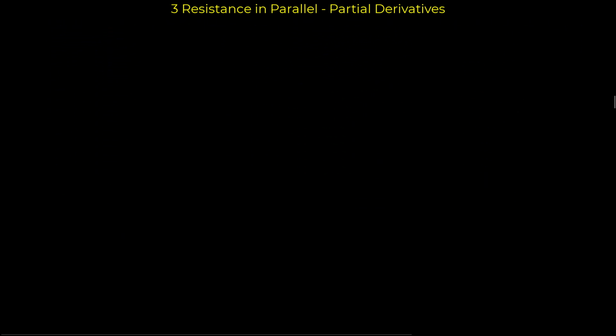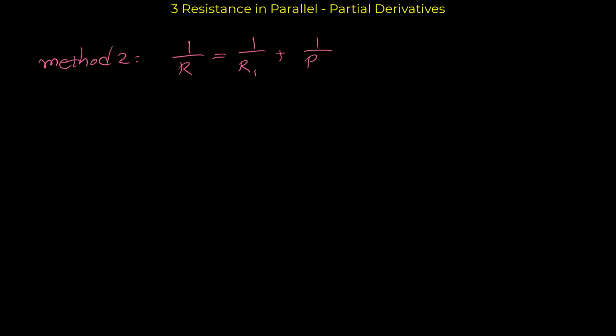Now I am going to show you a second method, method 2, to find the partial derivative of total resistance with respect to each of these resistances, each of these variables that here we have, in another method. So here I am going to use implicit differentiation for doing the question.